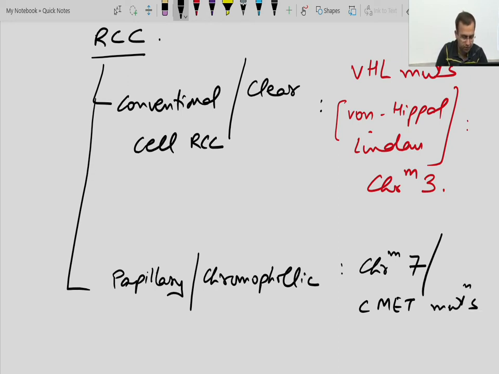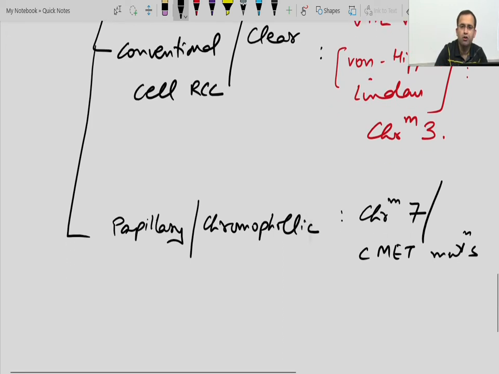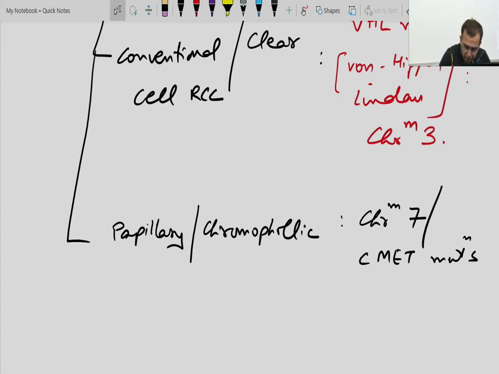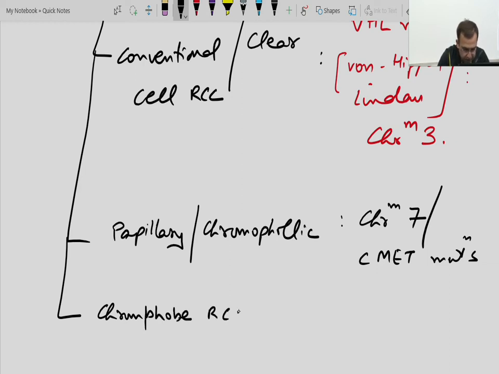The last is chromophobe RCC, which is associated with, the name tells you it is phobic of all the chromosomes.